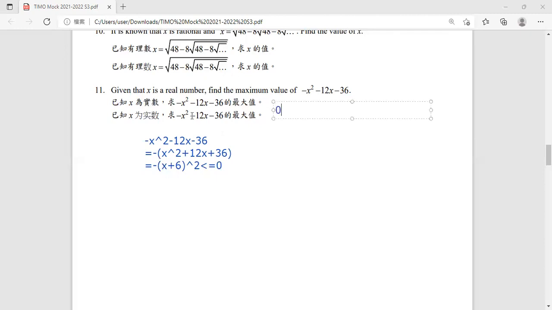Finish. Nothing special. We use the identities to make that one.